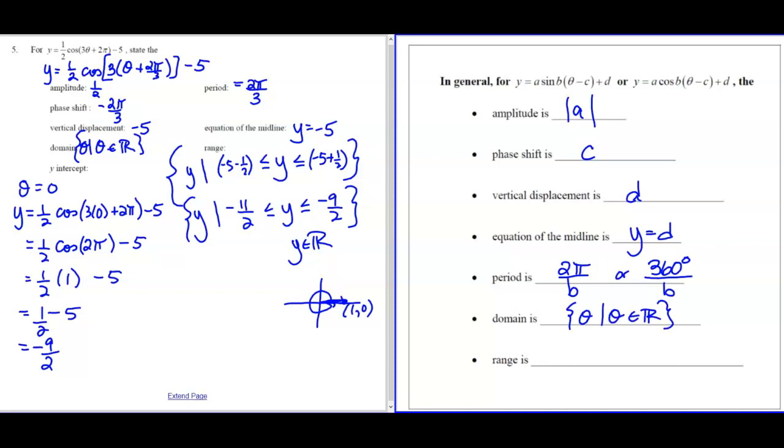The domain is always all real numbers, and then the range: the maximum, you take your d value and add the amplitude, which is the absolute value of a. The lowest or minimum value, you take your d value and subtract the amplitude, which is the absolute value of a.